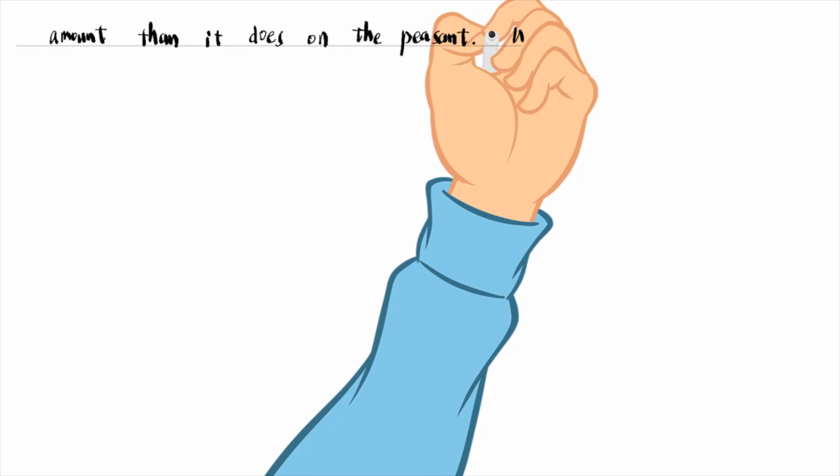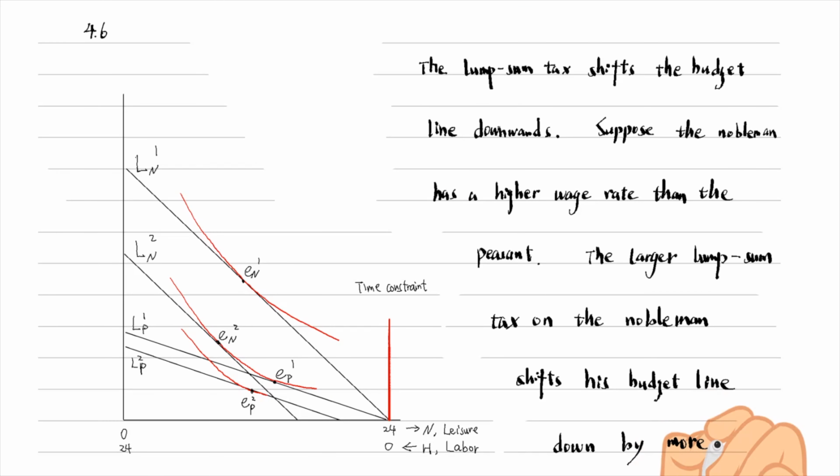For the nobleman, his budget constraint shifts from Ln1 to Ln2, and his optimal bundle changes from En1 to En2. For the peasant, his budget line shifts from Lp1 to Lp2, and his optimal bundle changes from Ep1 to Ep2.